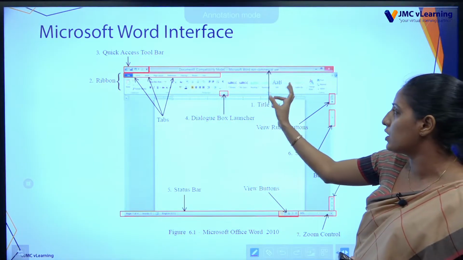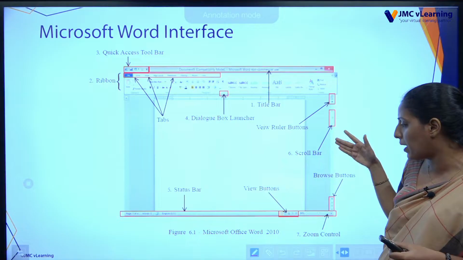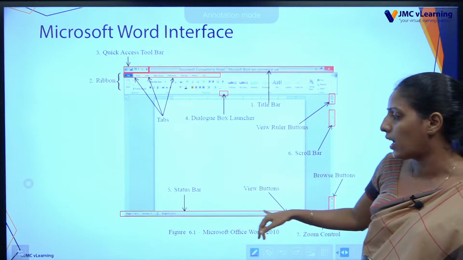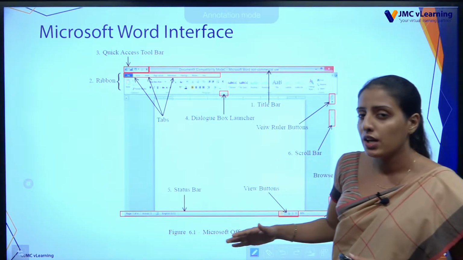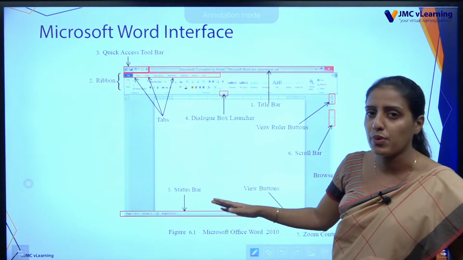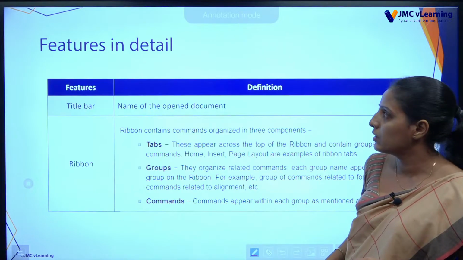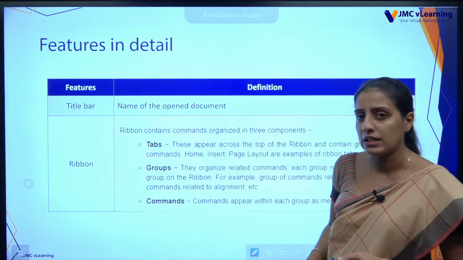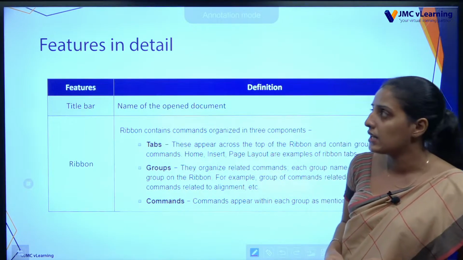Within the tabs you can see the groups, and this is the ruler, scroll bar, browse buttons, view buttons, and the status bar, which displays the details of the document. You can see this in figure 6.1 in your textbook. Let us start to identify the features in detail. After I explain this, I will show you the practicals.